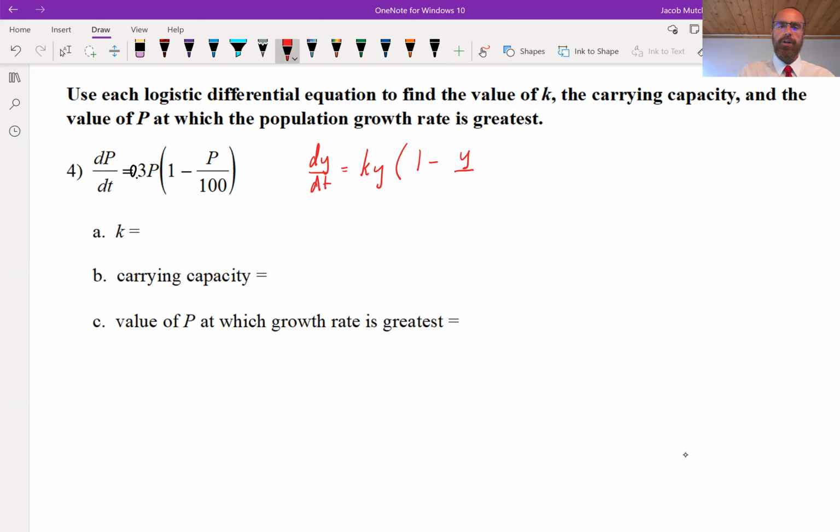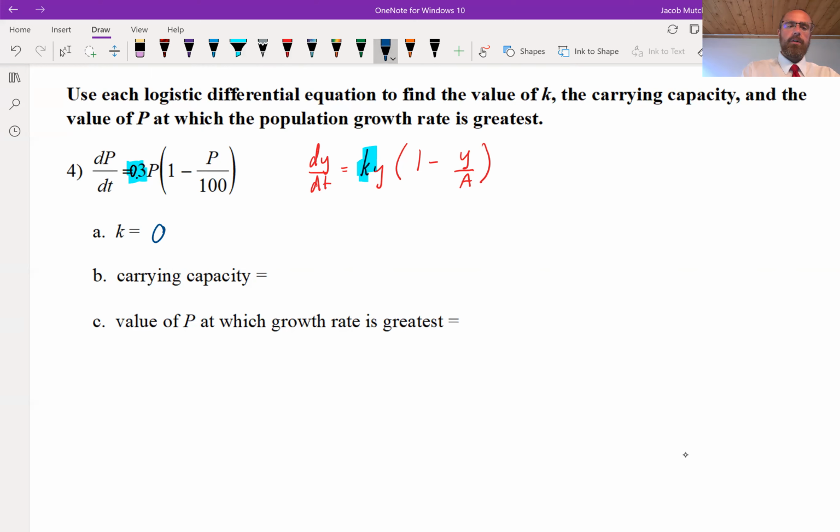So again, that's the thing we just wrote for the previous example, and we're starting with that here. So I want to find three things: k, the carrying capacity, and the value of p at which growth rate is greatest. So let's start with the pieces that are easy to identify. K, in my template, is a coefficient on the population, or my y value or my p value. So here it's going to be 0.3.